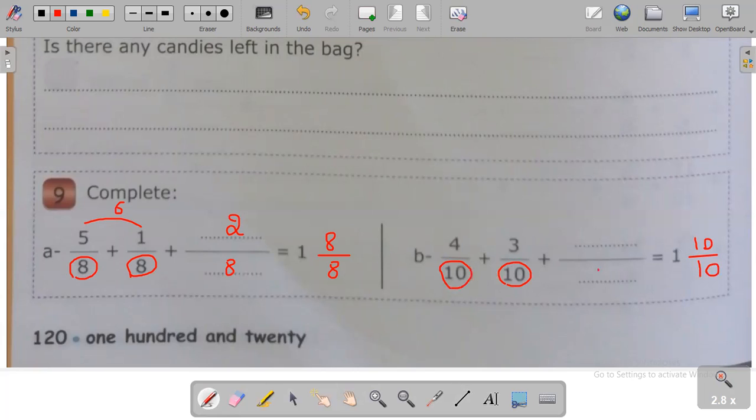Now the denominator does not change. 4 plus 3, 7. 7 plus what equals 10? 7 plus 3.